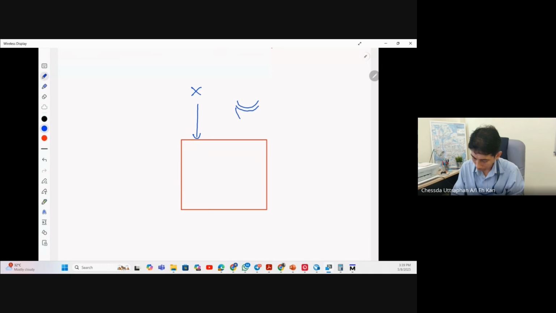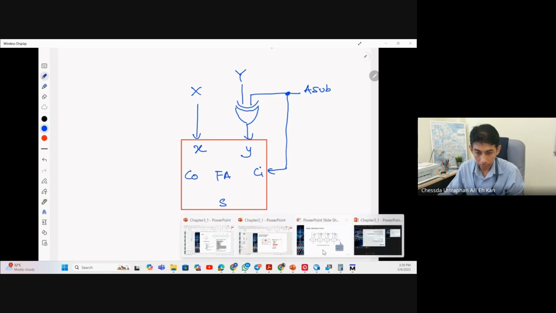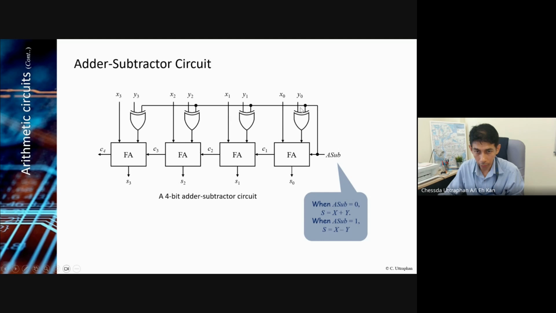So let's draw an XOR, get the Y. And then we have the add-sub function. And this add-sub function is also the input to this Ci. And when we have X, we have CO here. So this is our full adder, of course.